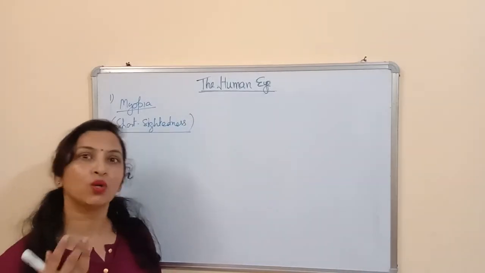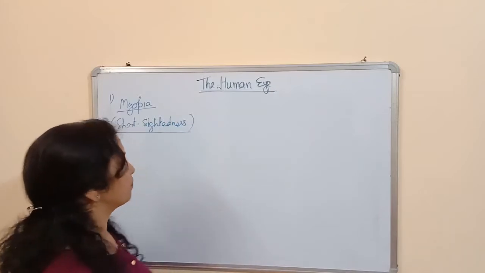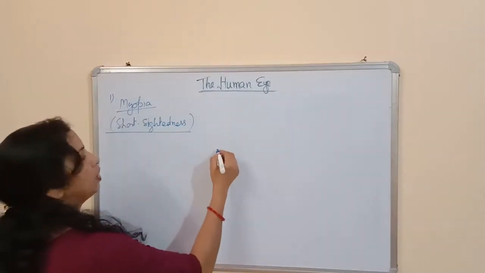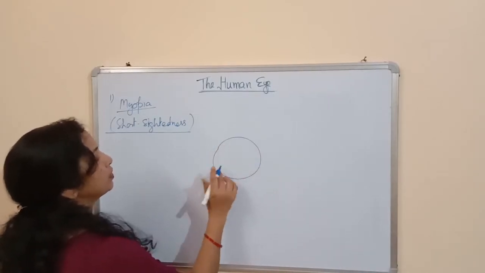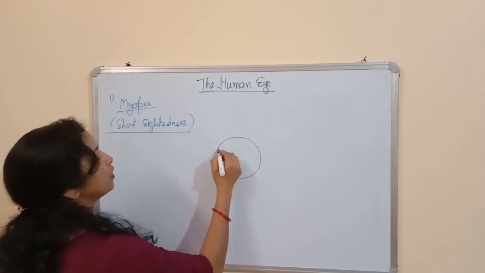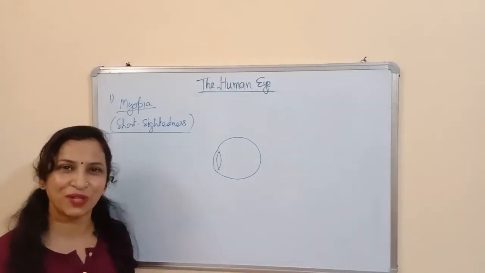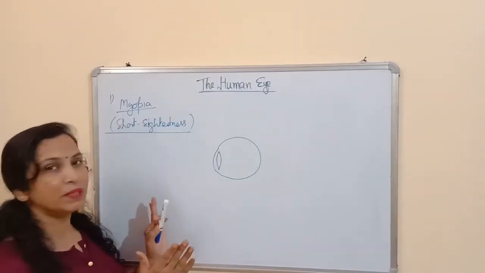So what can be the cause of this myopia? This is your eye. Now I am going to make a normal simple eye. You know this is not the actual structure of the eye, but okay. I explained to you the structure of the eye, so for the defect of vision I am going to make a simple eye.